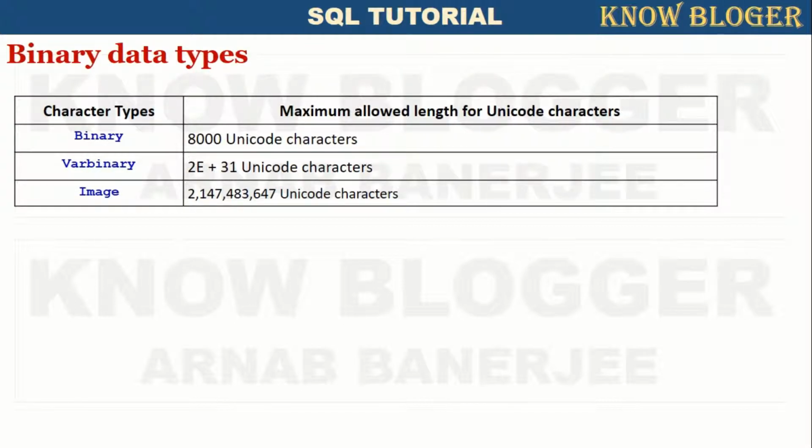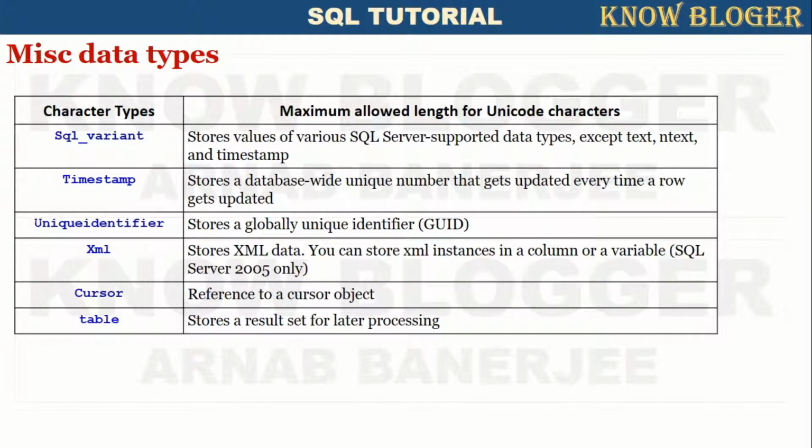For binary, there are binary, image, and some other data types available in SQL: variant, timestamp, unique identifier, XML, cursor, table. So these are the data types used by SQL to maintain different types of values. So thank you for the day.